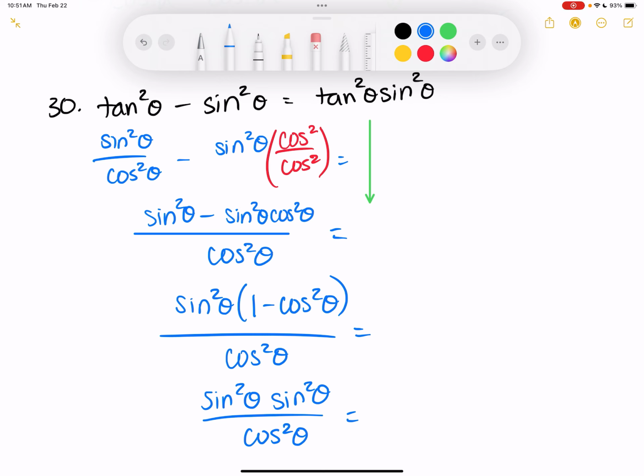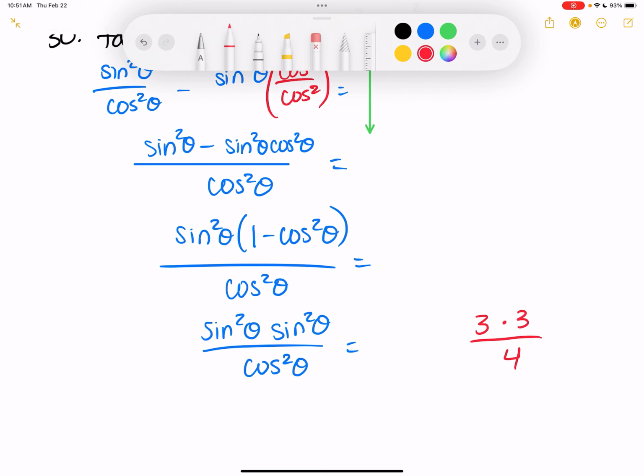Okay, so let's imagine for a second that these weren't trig functions. Substitution or something. What if this was like 3 times 3 over 4? Would you agree that this is the same as 3 times 3 over 4? Oh, nice.